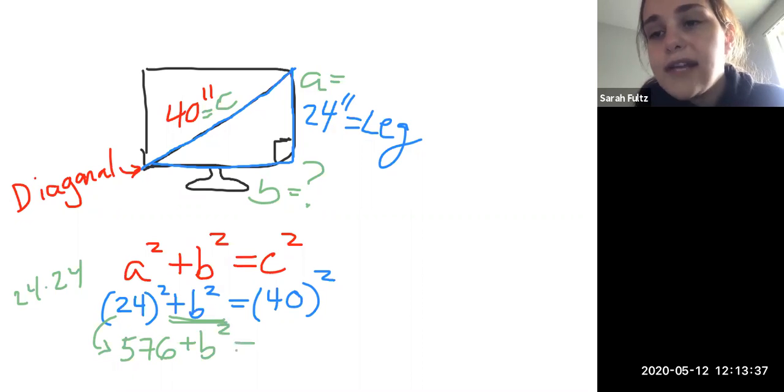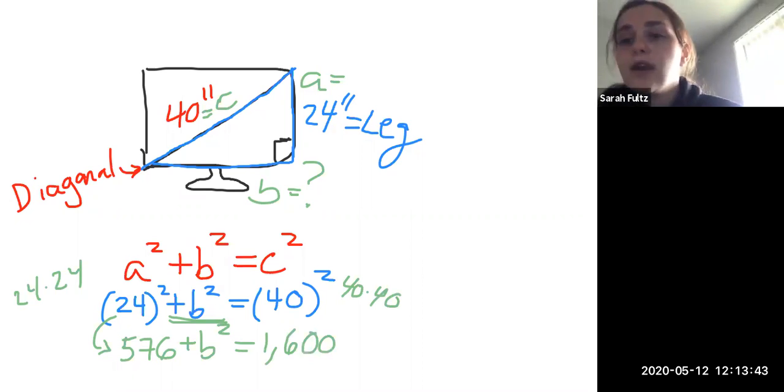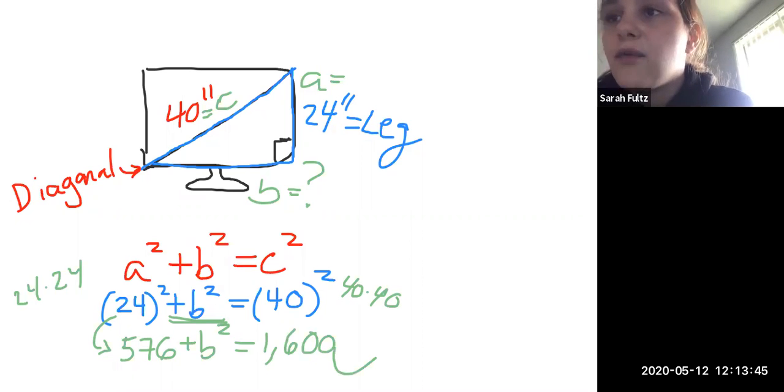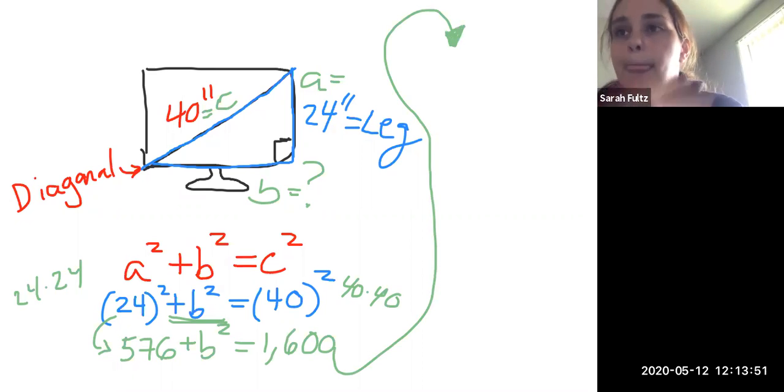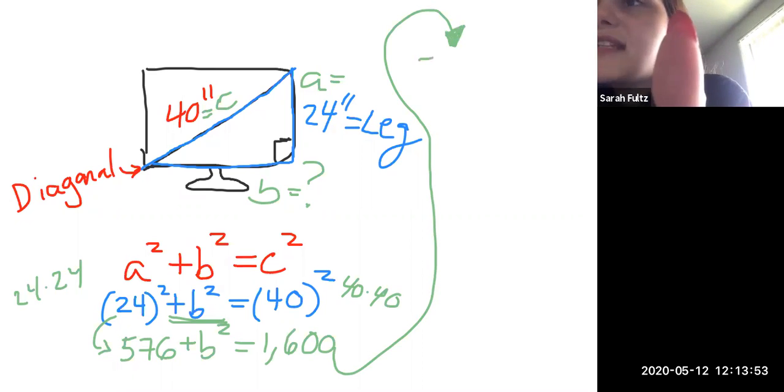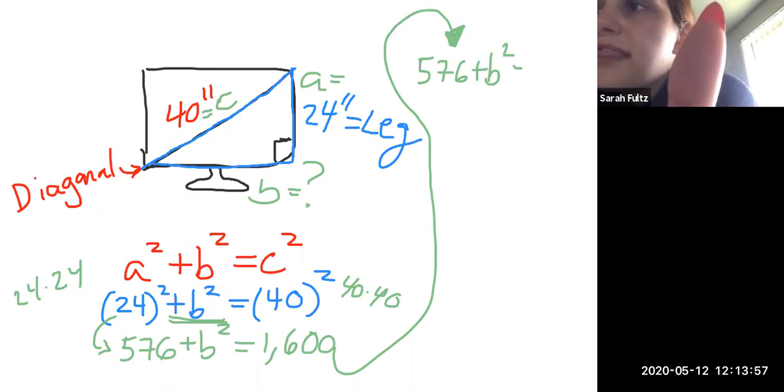And when I do 40 squared, remember that's 40 times 40. That gives me 1,600. All right, I'm running out of room here, so I'm going to go ahead and write this up here. And I'm going to keep going, solving for that b. So I have 576 plus b squared equals 1,600.